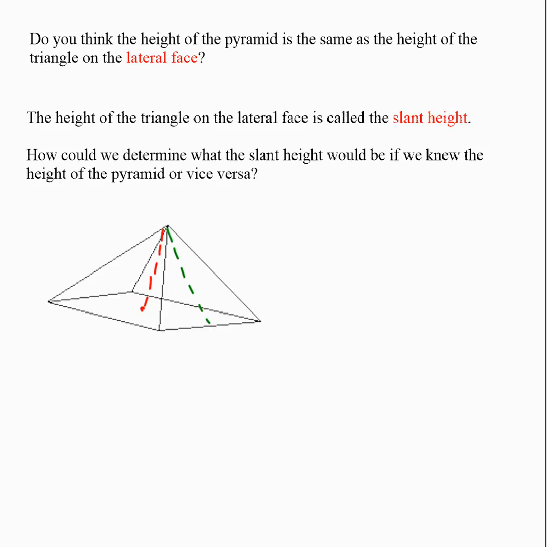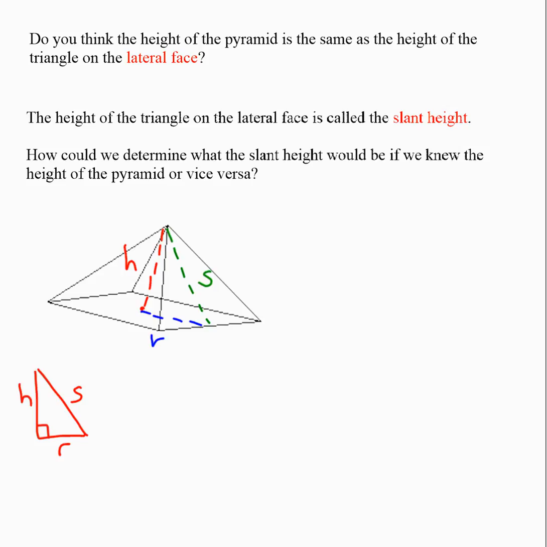And then this part in blue is the radius, and this part we call the slant height, and this is the height. And just like we did with a cone, notice this is a right-angled triangle: slant height, height, radius.